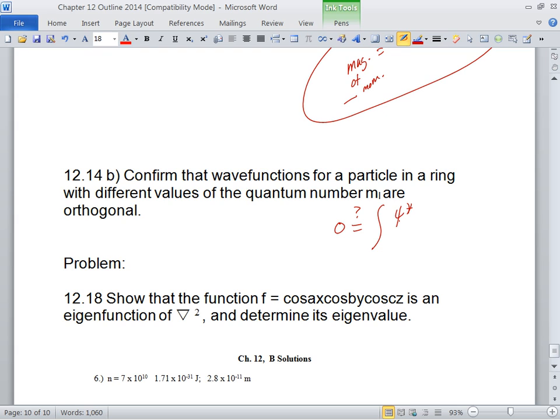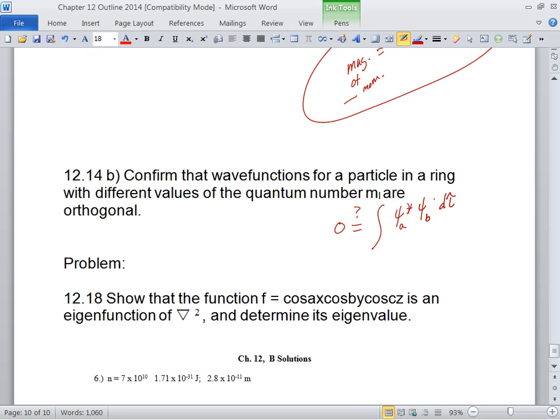Whatever you want to use, 1s and 2s or whatever, but I think A and B sounds better. That's your starting point. If you pick two different wave functions and you integrate them over all space, you better get 0 if they are orthogonal.